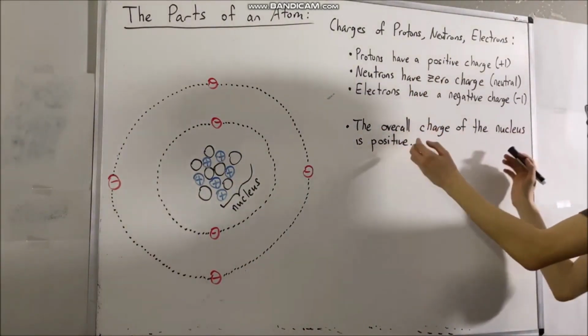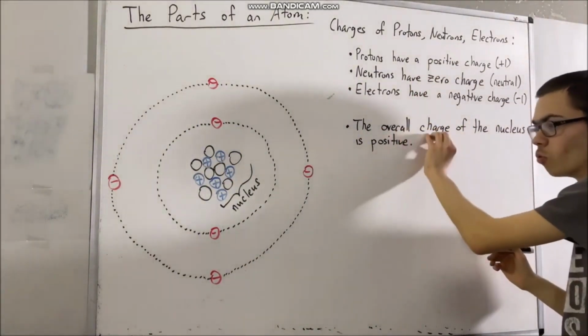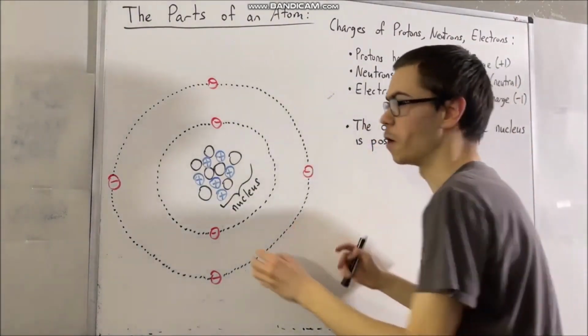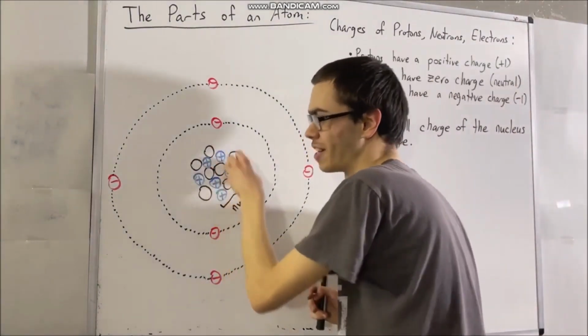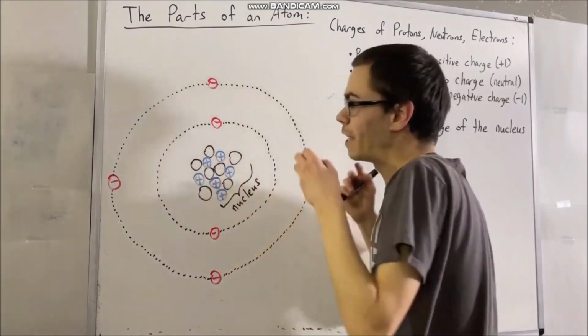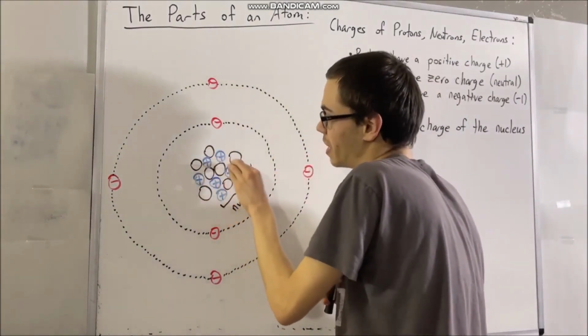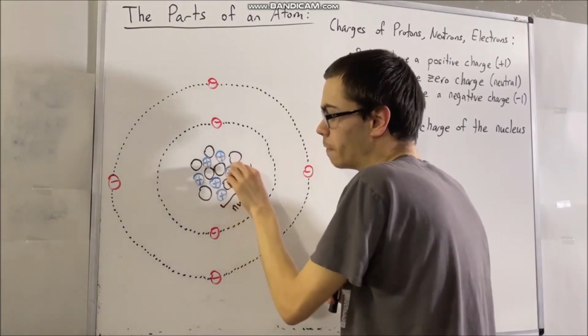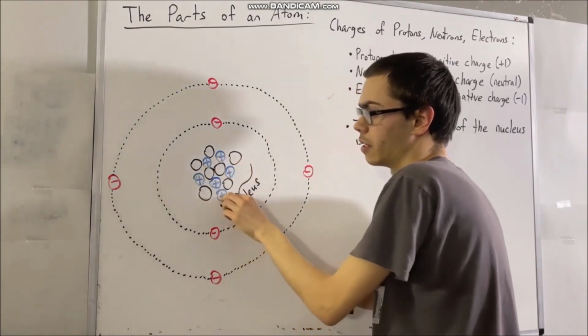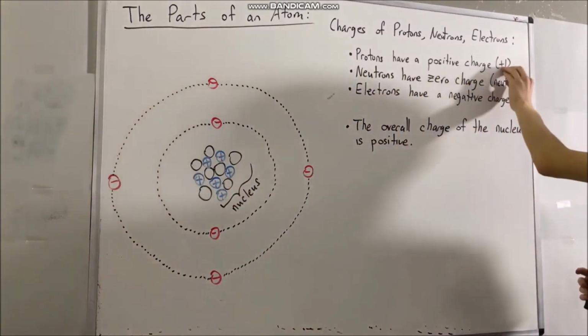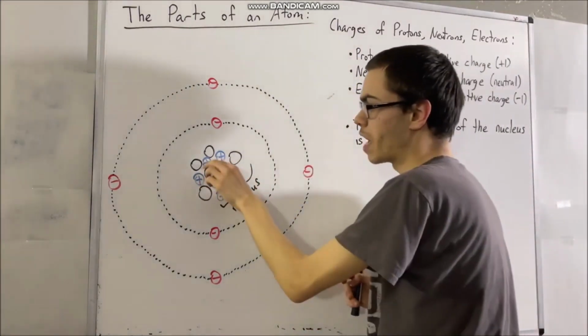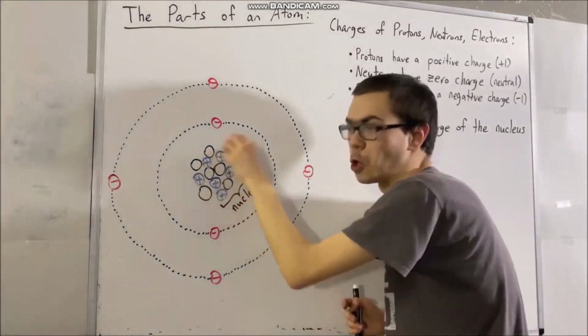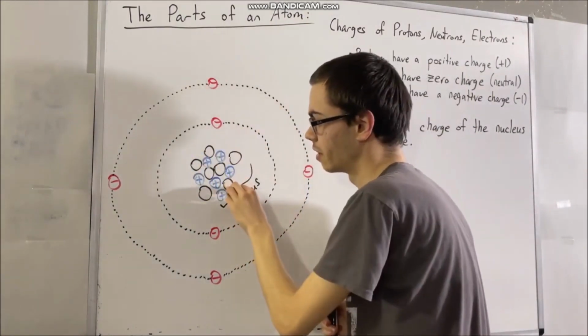Well, really, when we say overall charge, we mean the total charge of all protons and all neutrons in the nucleus. So if we add up the charges of all protons in the nucleus, then in this case we have a total of 6 protons. Each proton has a +1 charge, so overall we have a +6 charge for all protons in the nucleus.